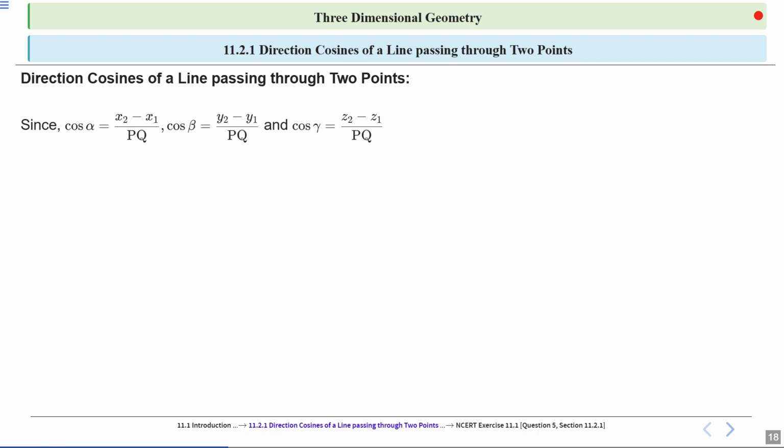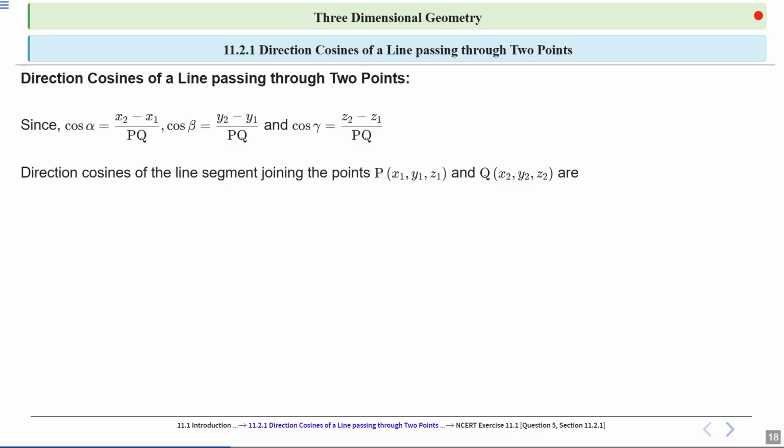So the direction cosines of the line segment joining the points P(x1, y1, z1) and Q(x2, y2, z2) are x2 minus x1 divided by PQ, y2 minus y1 divided by PQ and z2 minus z1 divided by PQ.